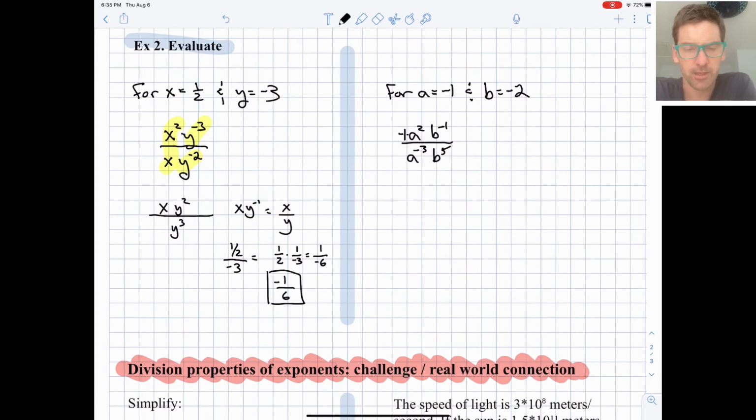I'll talk you through it, but I'm not going to show every step of my work. So I'm going to write a new fraction bar. I keep my negative 1 up top. My a cubed is going to come up top and turn into a to the 5th. And I'm going to have a b to the 6th down below because my b to the negative 1 gets sent down below. And now we can plug in.